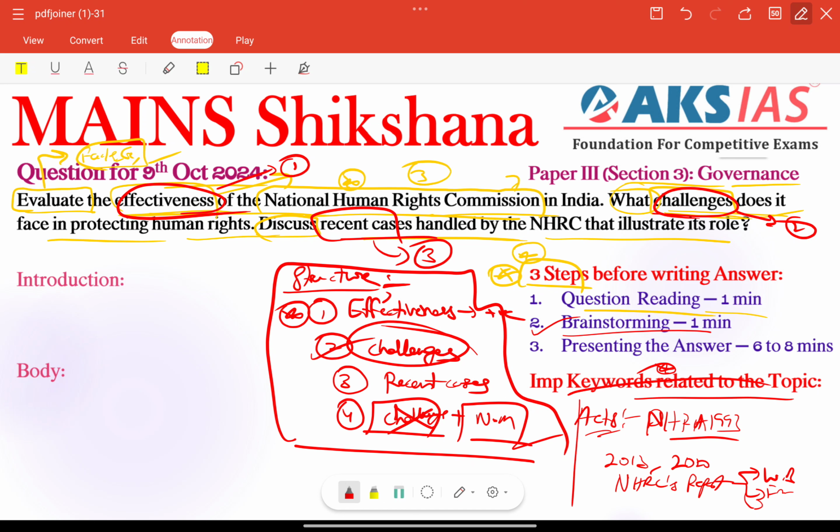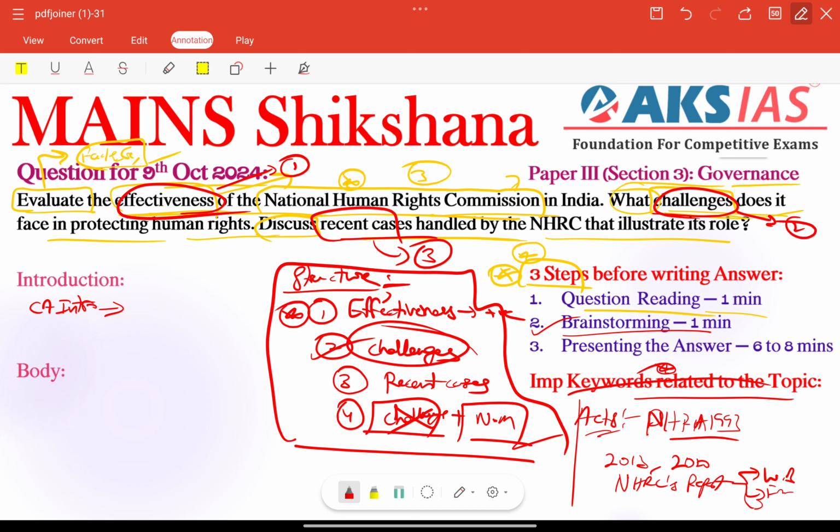Next, coming to the introduction part. Here we can add our CA introduction, a current affairs introduction, because we need to focus on gaining a particular impression from our examiner. So recently we have seen India witnessed multiple instances of human rights violations.